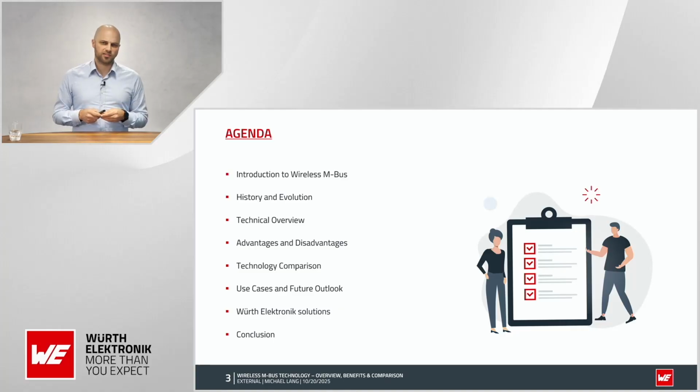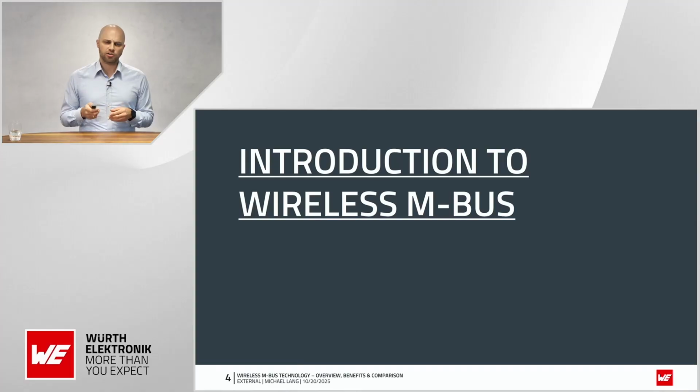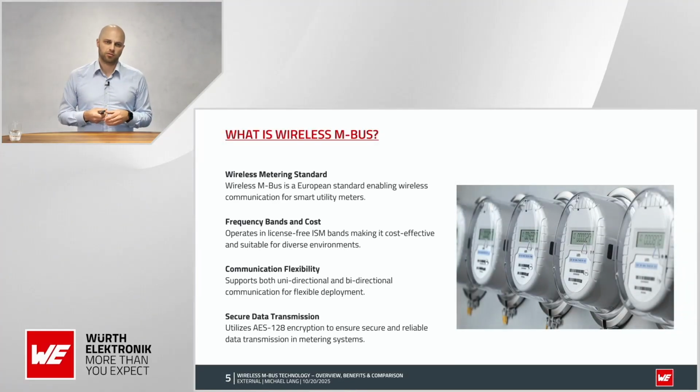And last but not least, of course, a conclusion to give you a hint how to use it or how it could be interesting for you. And if you have questions, you can type them in and we will answer them in the end or afterwards. So, to start with an introduction of wireless M-Bus.